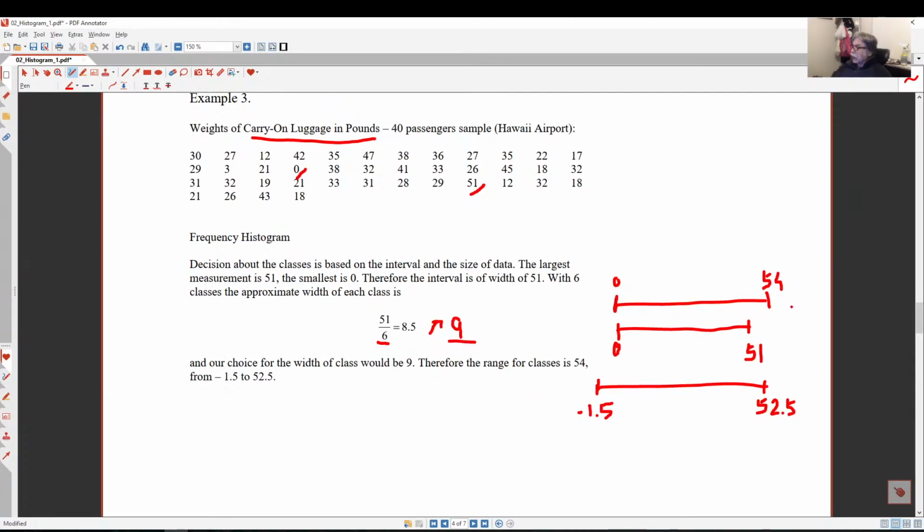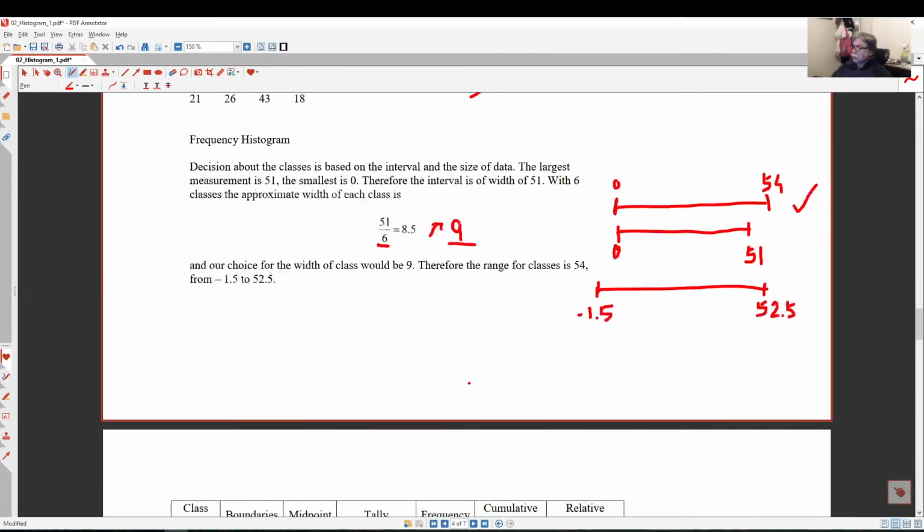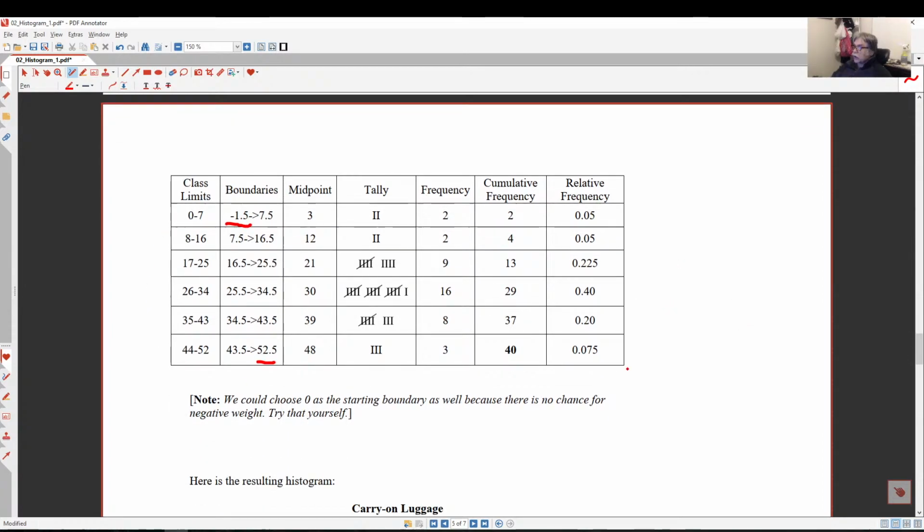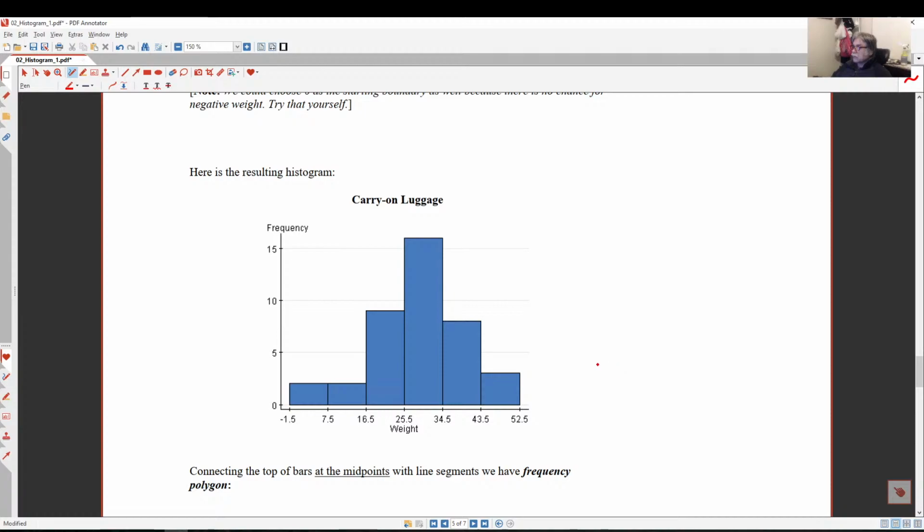You probably would like to do that, I'm assuming, because it's going to be much easier to work with no negative numbers. But here's a table that I use for the boundaries between negative 1.5 and 52.5. Of course, the class limit is going to be between 0 and 7. There will be no negative luggage. And you can check this data, and that's what I get as a histogram.